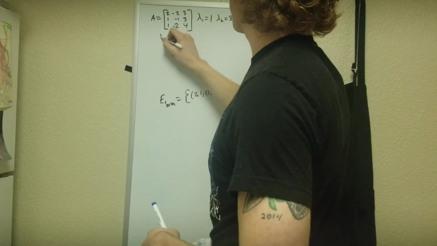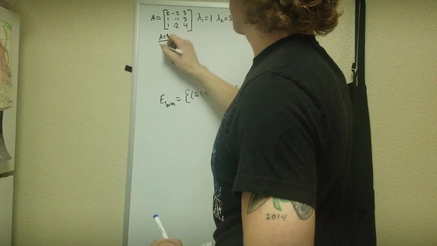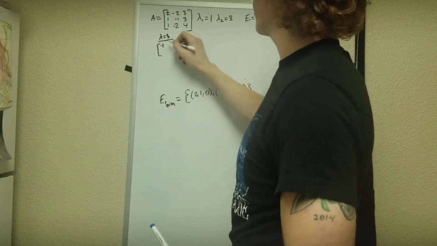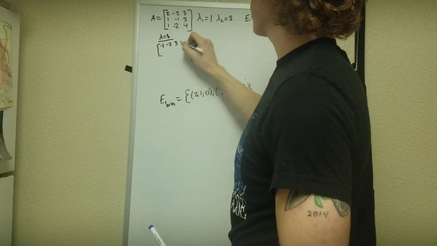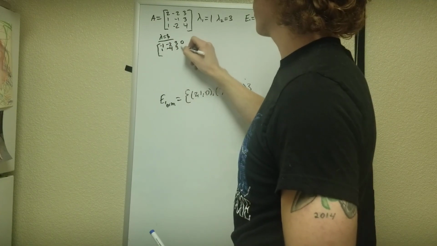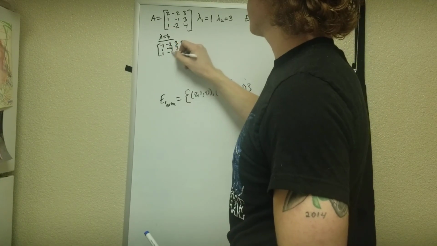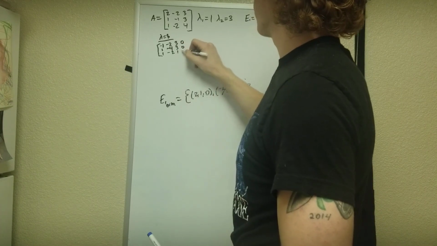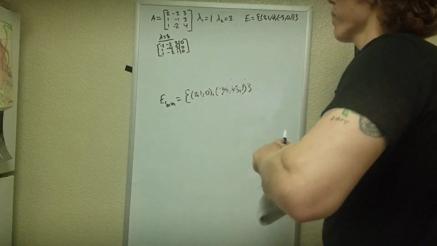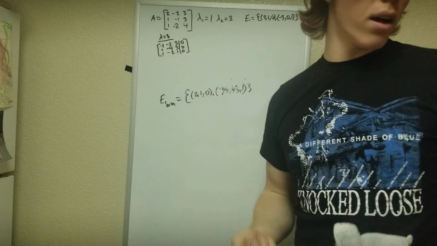Alright, so for lambda equals 3, we end up with the matrix negative 1, because 2 minus 3 is negative 1, negative 2, 3, and then set that equal to 0, 1, negative 4, 3, and then 1, negative 2, 1. Now this matrix is a little ugly.